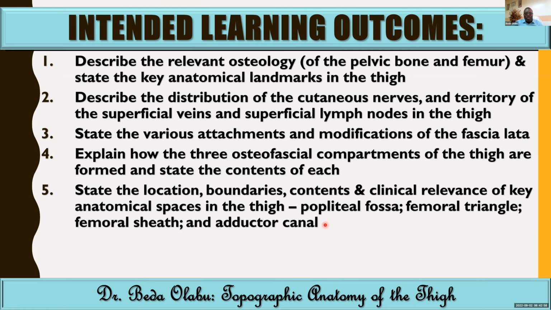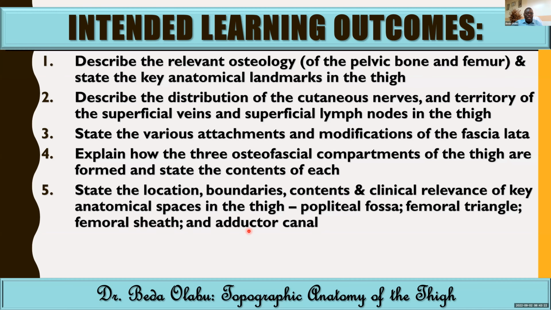After that, we look at various anatomical spaces in the thigh. We have quite a number of anatomical spaces. We have what you call the popliteal fossa. Well, it's not exactly in the thigh, but behind the knee. But with this, it's the best time to talk about it. We'll look at the femoral triangle. Within the femoral triangle, there's something called the femoral sheath.